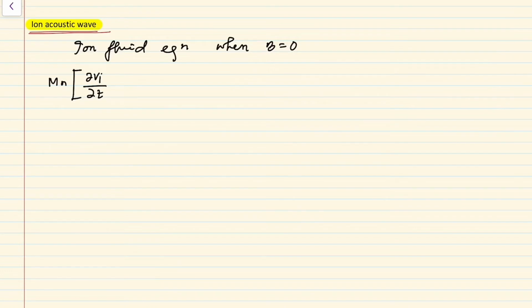Here you see, in absence of magnetic field, the ion fluid equation, that means the equation of motion, when B is equal to 0, is given by M n, M being the mass of ions, del v_i by del t plus v_i dot del v_i, is equal to positive e, because of the positive charge of ions, times E, which is the electric field, minus grad P, the pressure gradient.